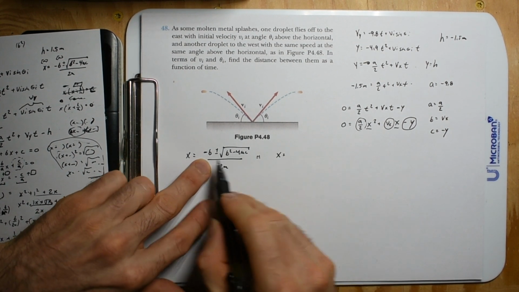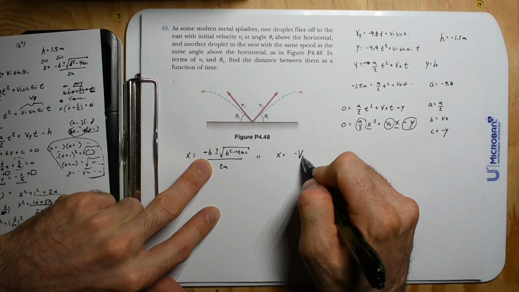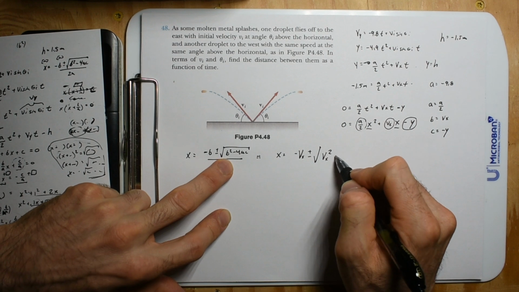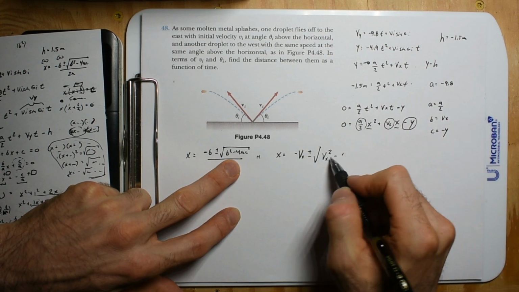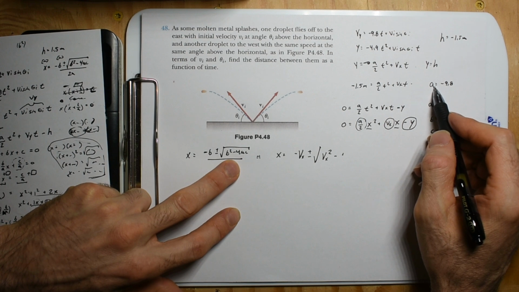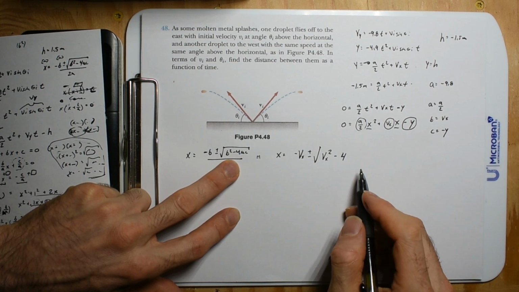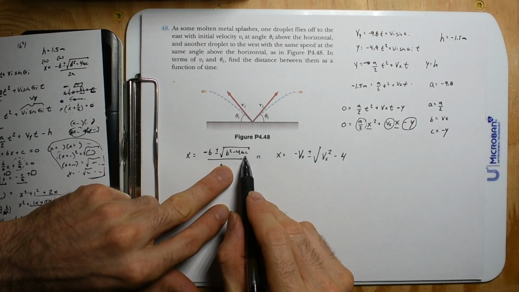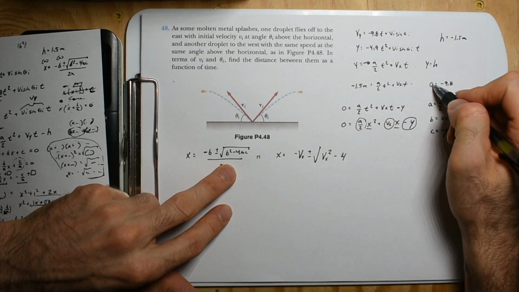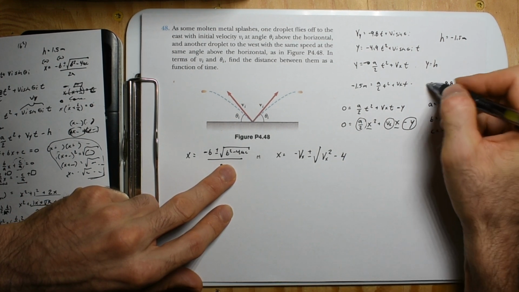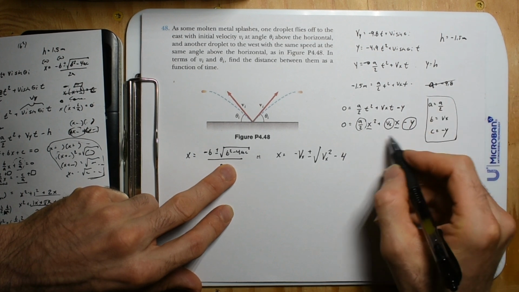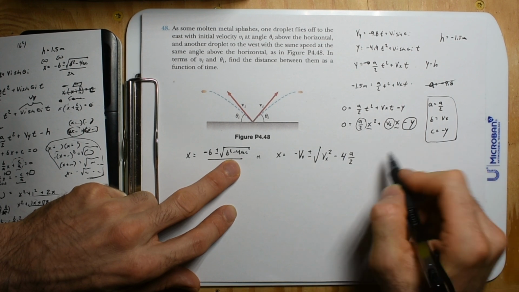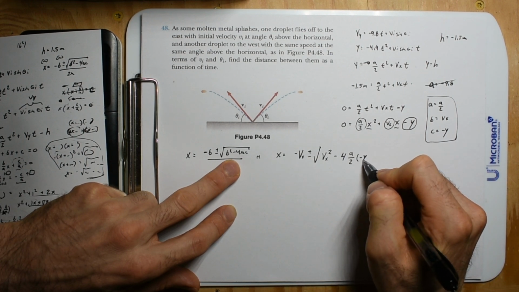So x is negative vx plus or minus the square root of vx squared minus 4 times a divided by 2 times c, which is negative y.